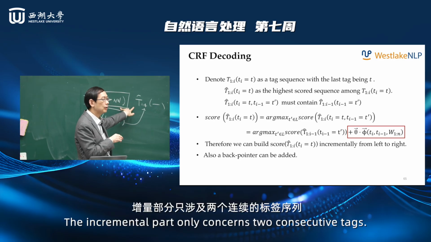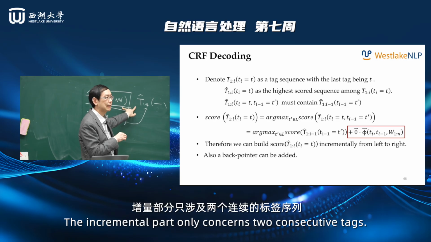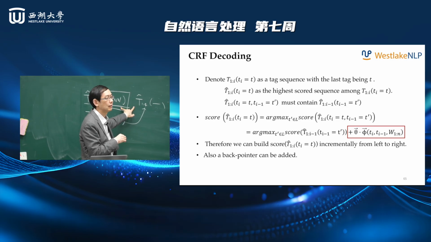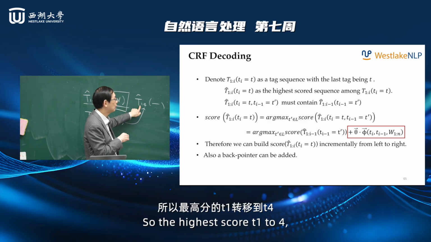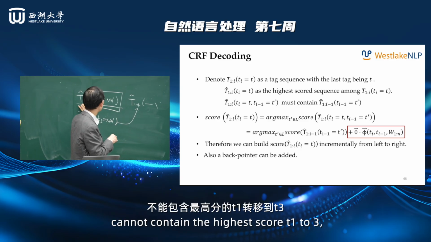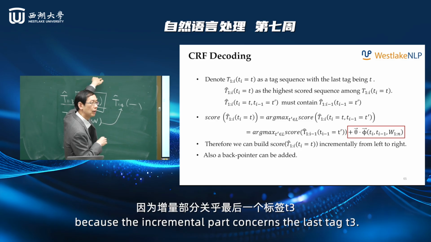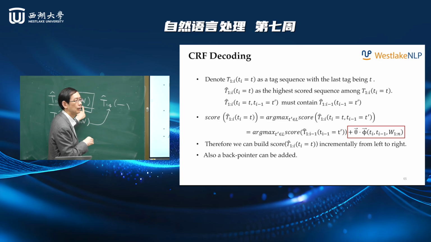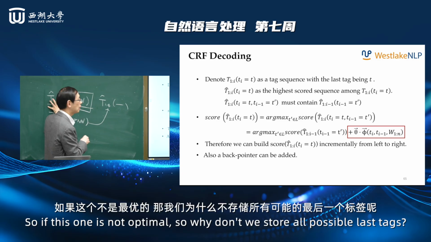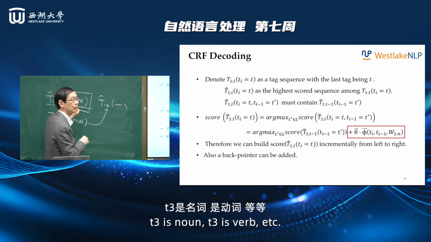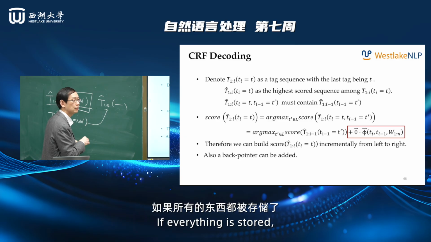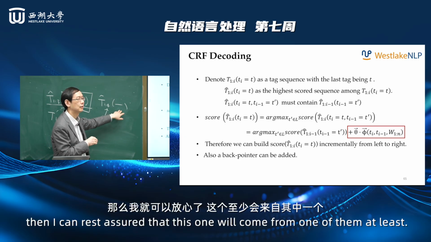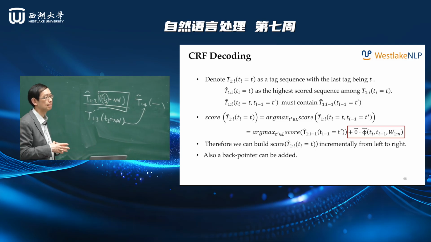The incremental part only concerns 2 consecutive tags, right? So the highest scored T1 to 4 cannot contain the high score T1, 2, 3 because the incremental part concerns the last tag T3, okay? So if this one is not optimal, why don't we store all possible last tags? T3 is noun, T3 is verb, etc. If everything is stored, then I can rest assured that this one will come from one of them, at least, right?